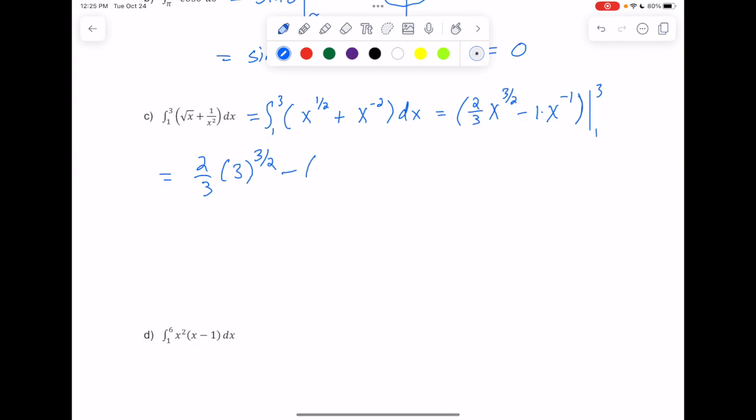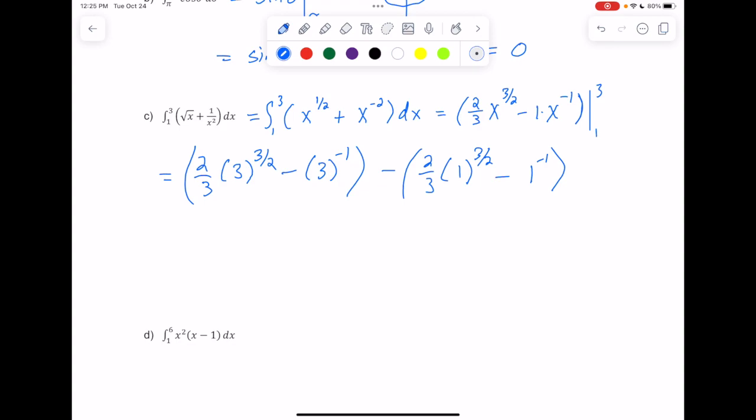We'll just go ahead and leave that alone right now and put 3 to the -1. That's the first part. That's plugging 3 into the antiderivative. Now you subtract what you get if you plug 1 into the antiderivative, which would be, sorry about that, a little messy, 2/3, 1 to the 3/2 minus 1 to the -1.